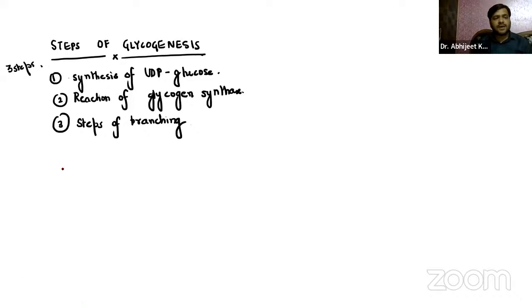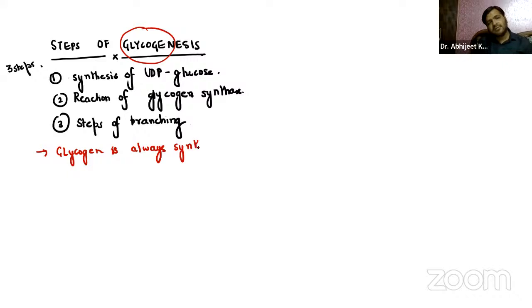So the very first step, guys, you already know that the synthesis of glycogen always requires a primer. Remember, beta, that glycogen is always synthesized on a primer.